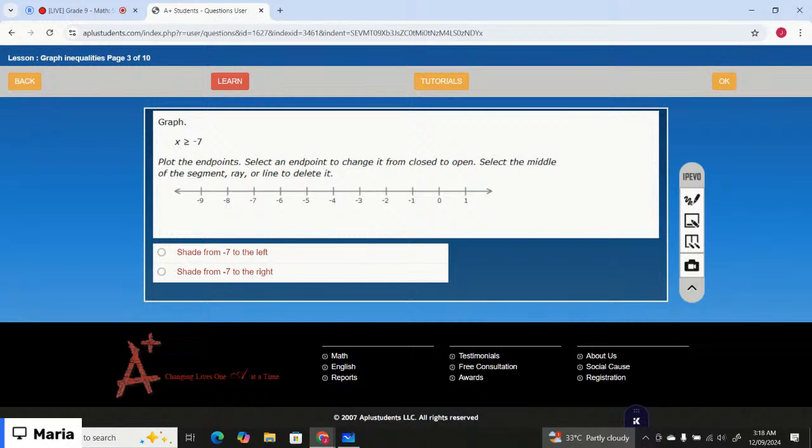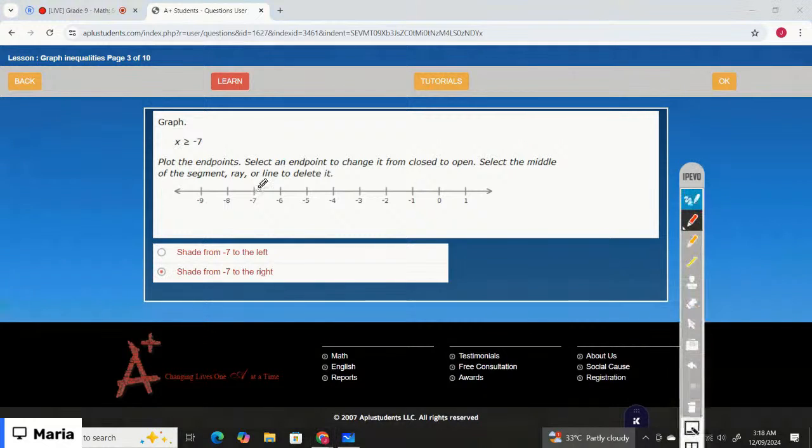The correct option is shade from negative 7 to the right, the second option. Very good, that's option number 2. You must have a closed circle at negative 7 because x can be negative 7 and greater than negative 7. So option number 2 is the correct option.